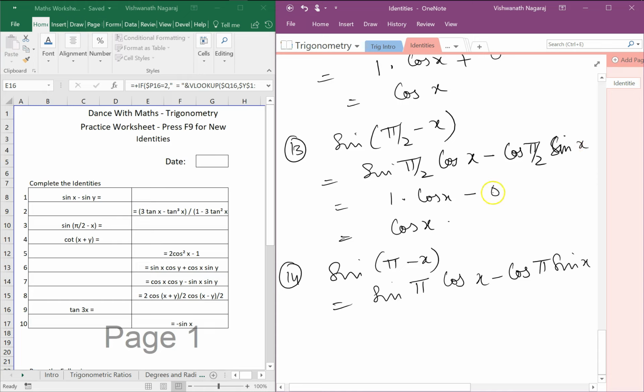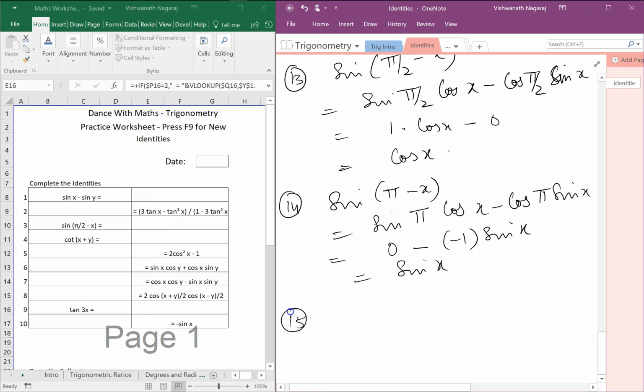Sin 180 is 0, so this whole thing becomes 0, minus cos pi is minus 1 sin x. So sin x, minus into minus plus 1 sin x.